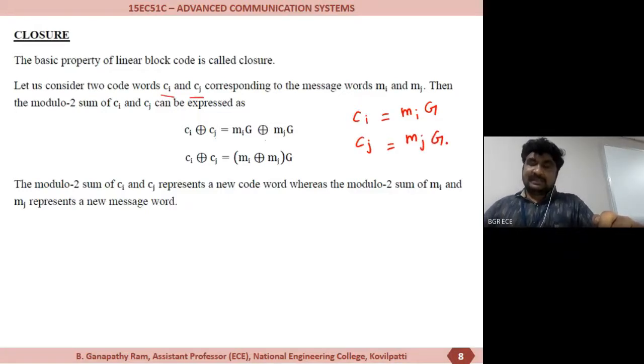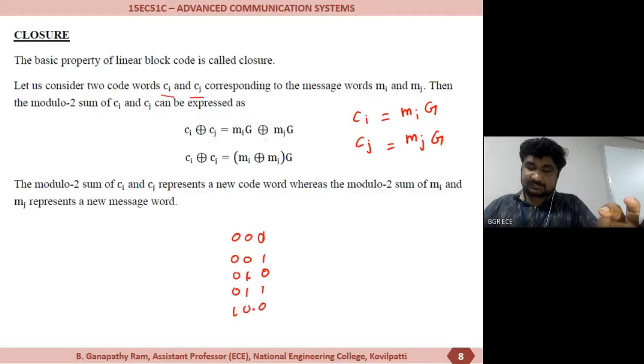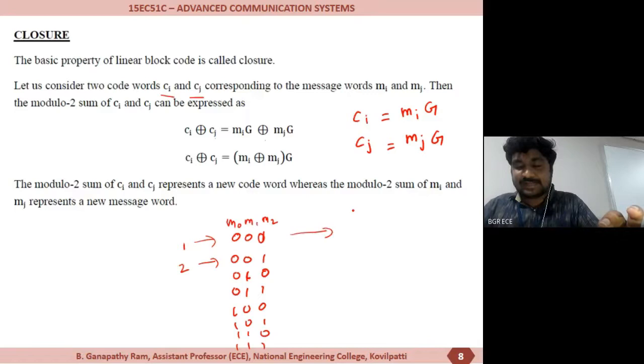For example, assume a 3-bit message word 001, 000, and so on up to 111. Let me take these as M0, M1, M2, and this as the first message word, and similarly this is the second message word, and there will be a corresponding code word.